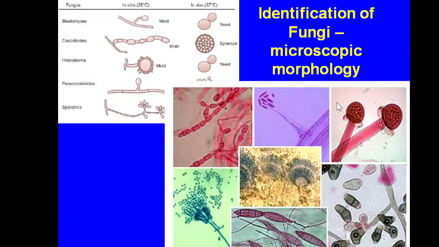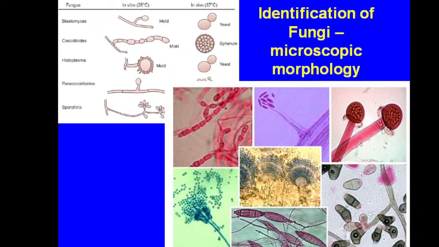And if you are talking about microscopic identification of fungi, you can see these are the different structures of the reproductive portions of aerial mycelium. And you can see the conidia spores and sporangiospores and how they appear.